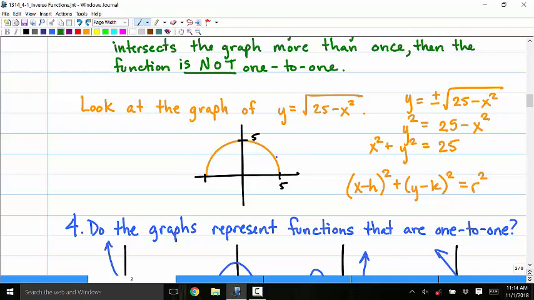Now, someone asked me, why is this half of a circle? If you square both sides, y squared equals, the square root goes away, right? I add x squared to both sides. I get x squared plus y squared equals 25. Do y'all remember that that's a circle centered at 0, 0 with radius 5?